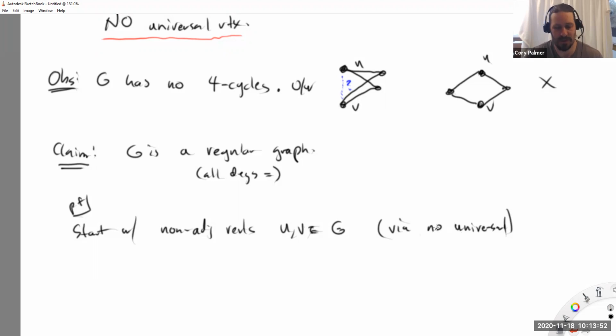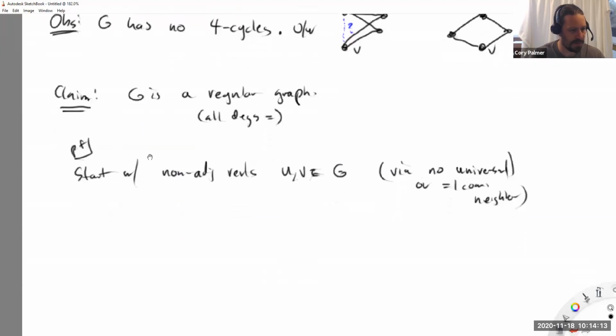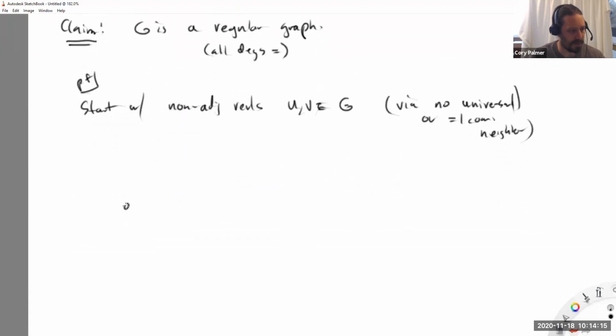You can't have a complete graph if you have exactly one common neighbor, unless the number of vertices is like 3. But let's say this no universal vertex for now, but it should come up elsewhere, or exactly one common neighbor. Okay, so we take 2 non-adjacent vertices, and let me illustrate here and explain along the way.